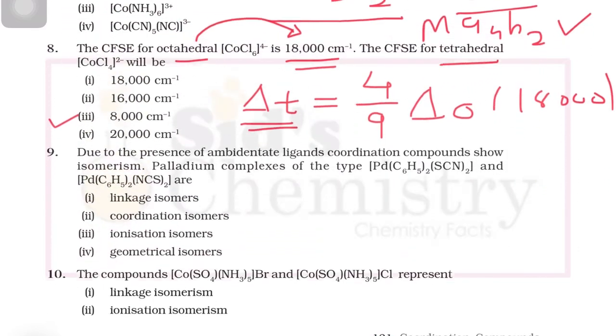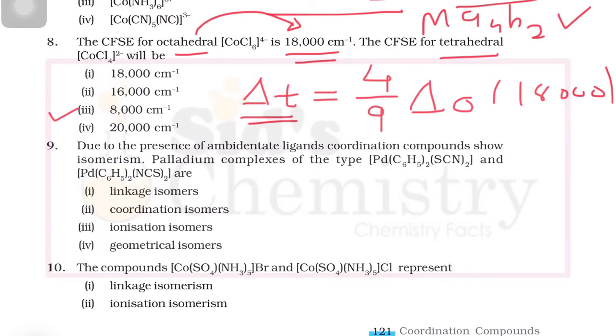Now coming to question number 9. Due to the presence of ambidentate ligands, coordination compounds show isomerism. Palladium complexes of the type Pd(C6H5)2(SCN)2 and Pd(C6H5)2(NCS)2 are what kind of isomers? We have 4 options: linkage isomers, coordination isomers, ionization isomers, geometrical isomers.